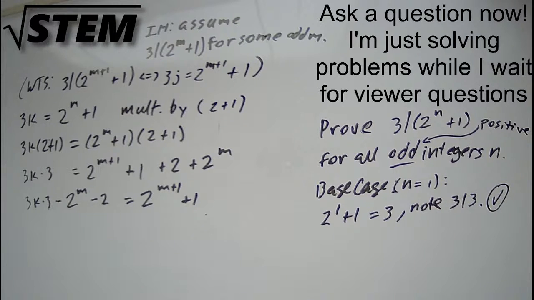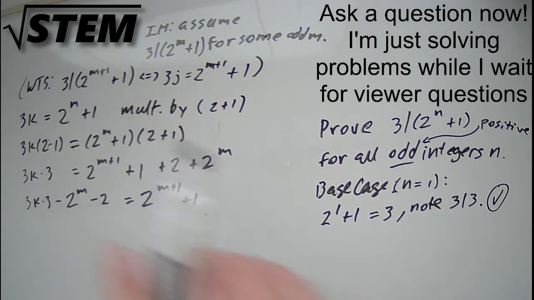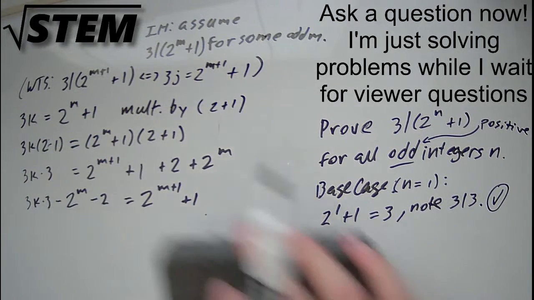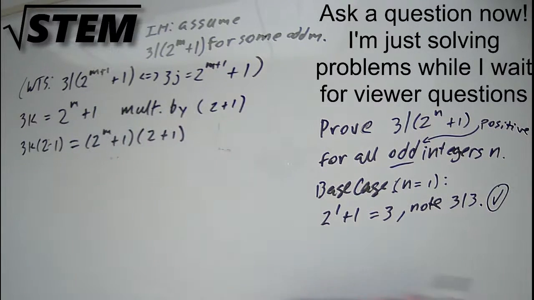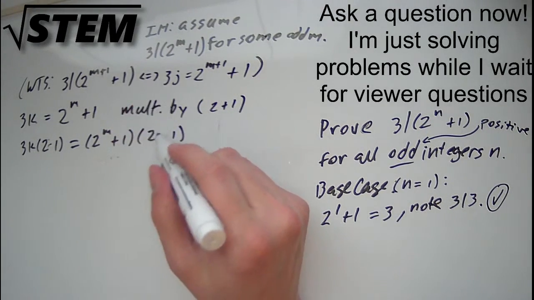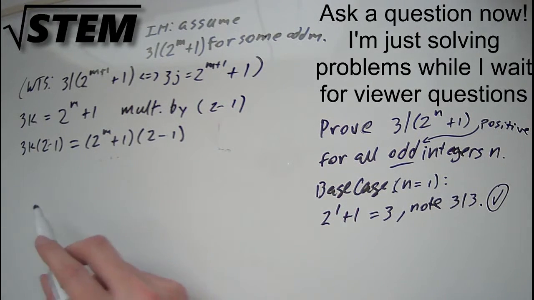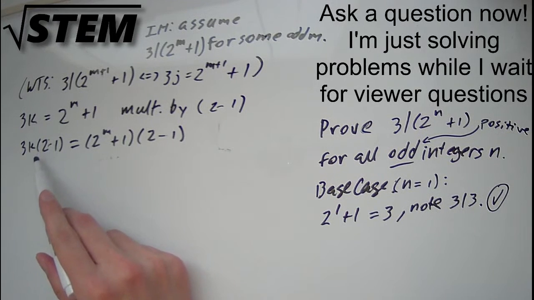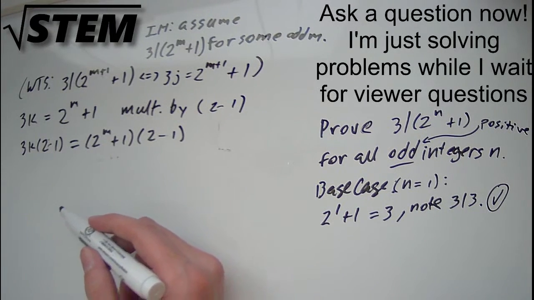Maybe, I don't know, this might be crazy. I wonder if simply doing 2 minus 1 would change anything. It might make everything tremendously worse. We'll see. So, oh, I guess that's also known as multiplying by 1.